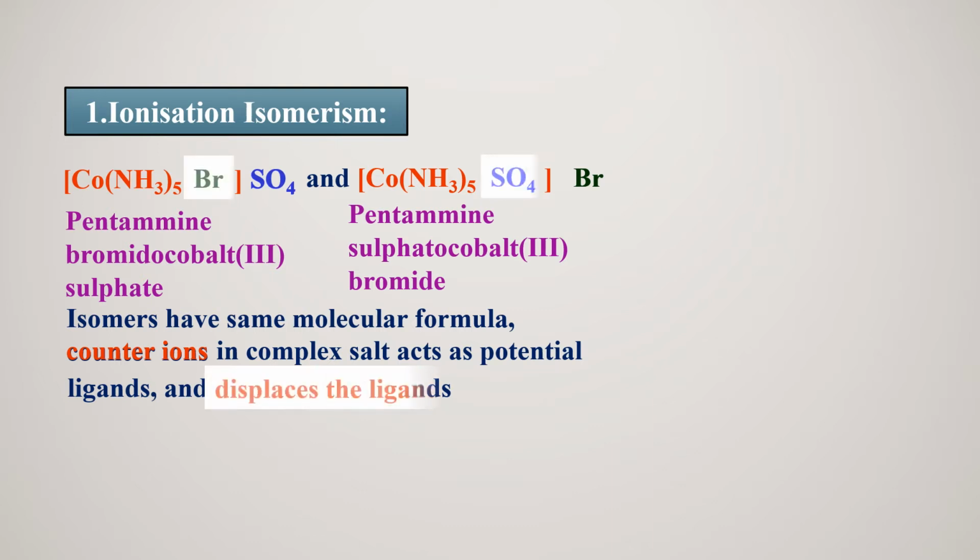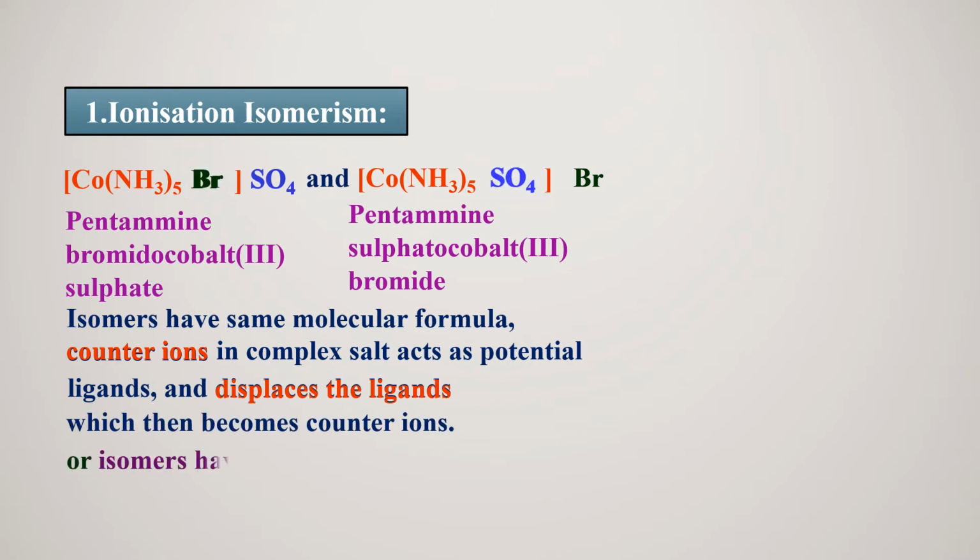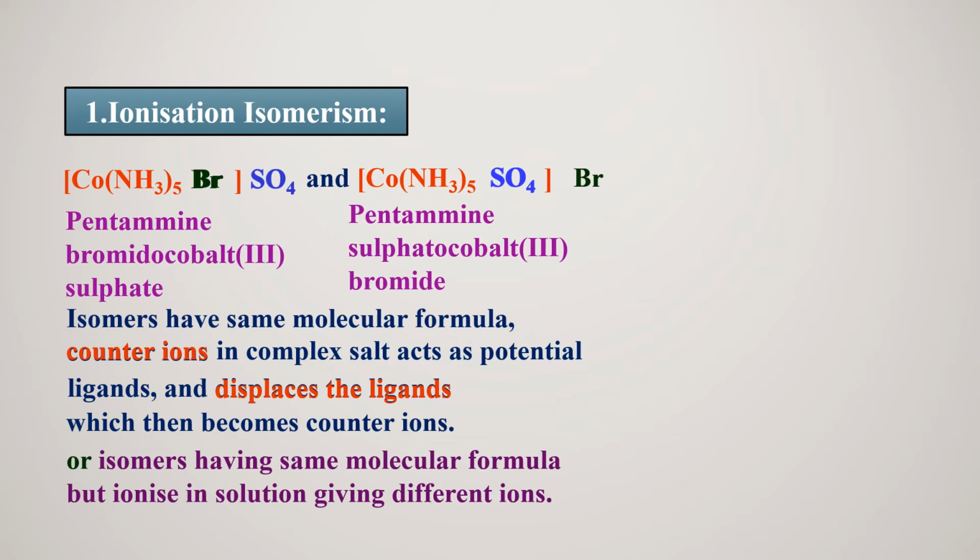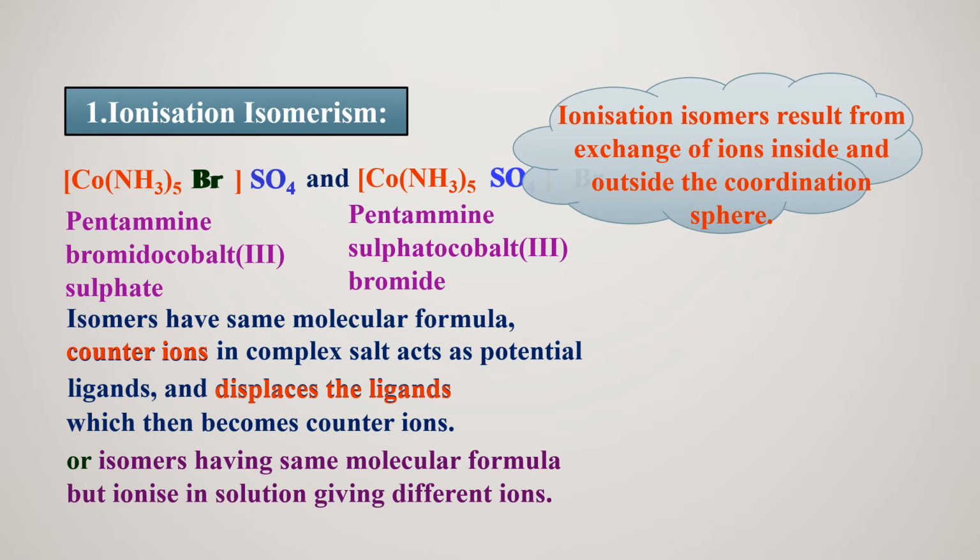Or we can define isomers having the same molecular formula but ionizing in solution giving different ions. So ionization isomers result from exchange of ions inside and outside the coordination sphere; the same molecular formula but differing in the counter ions.